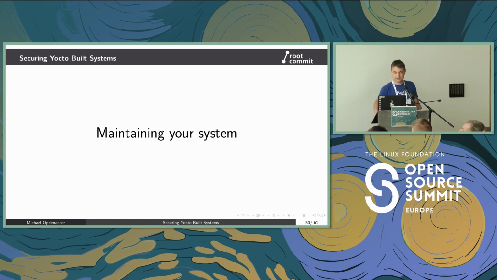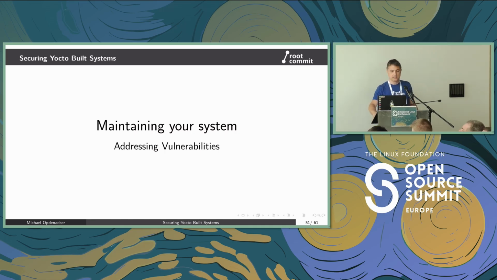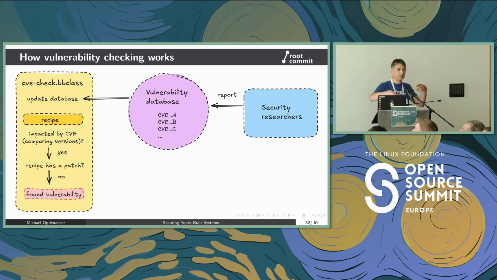And now to maintain your system. Now it's running. You should address vulnerabilities, of course, keeping an eye on them. The way security checking works is that you connect to a database and you compare the known-to-be-vulnerable versions with the ones you have deployed, and that's how you can know whether some packages on your system are vulnerable.